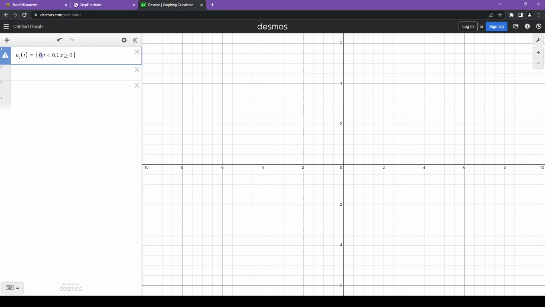Oh, okay, sorry. I have it backwards. That's the problem. All right, so it should be t less than c, 0. And then t greater than or equal to c, 1. I'll add a slider for c.